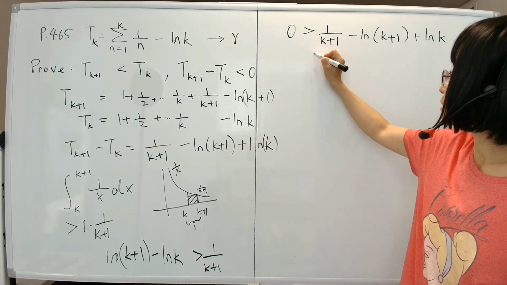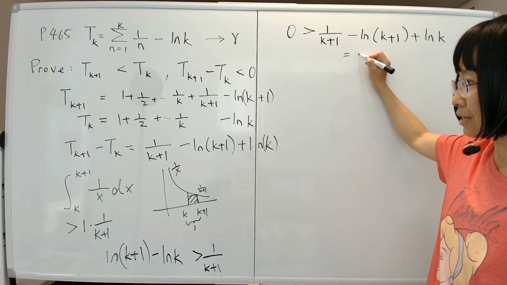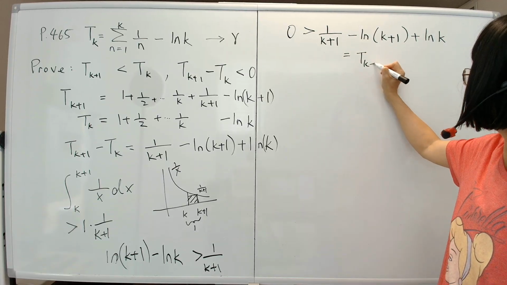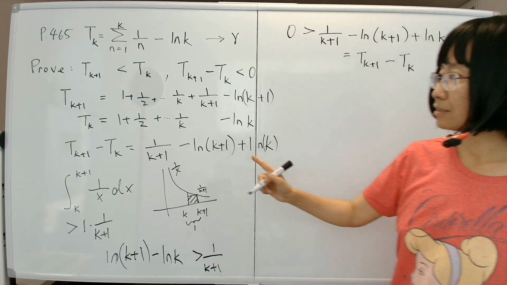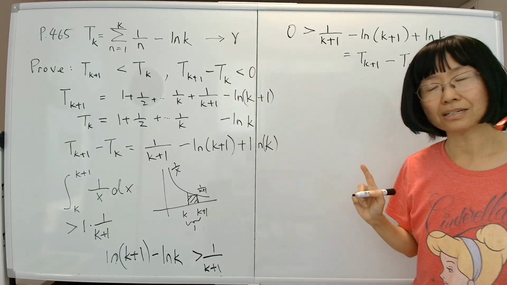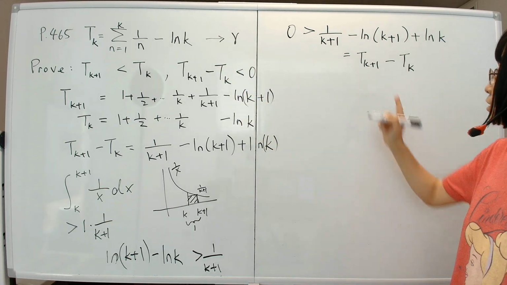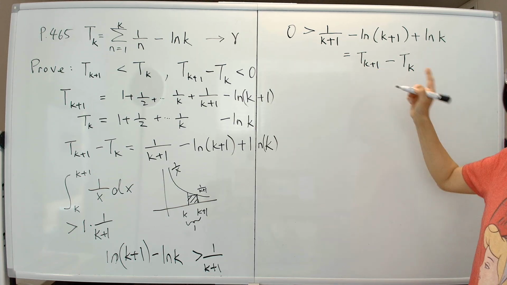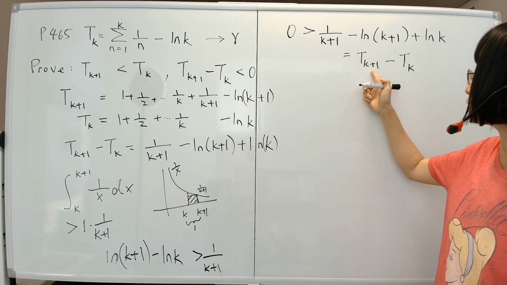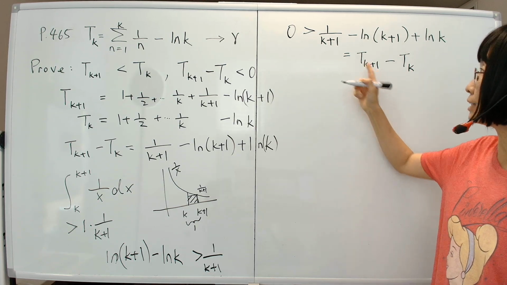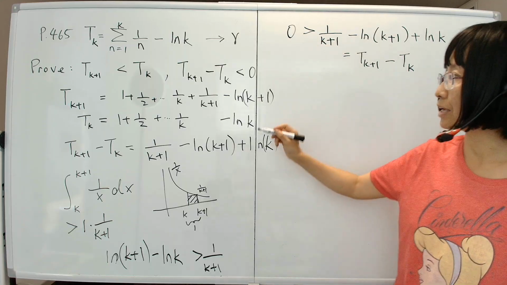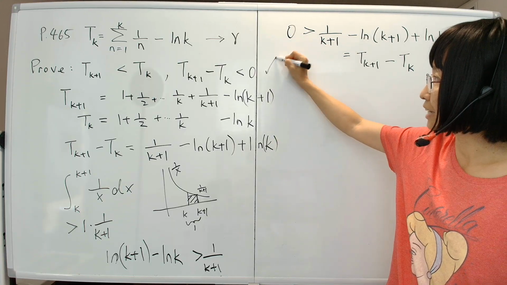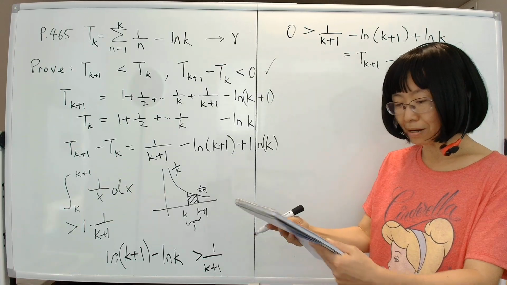So this is the same as tk plus 1 minus tk. And so therefore, the partial sum tk is monotone decreasing because each tk plus 1 is less than the tk before. So we have proven this fact. Okay, so we are done with part 1.